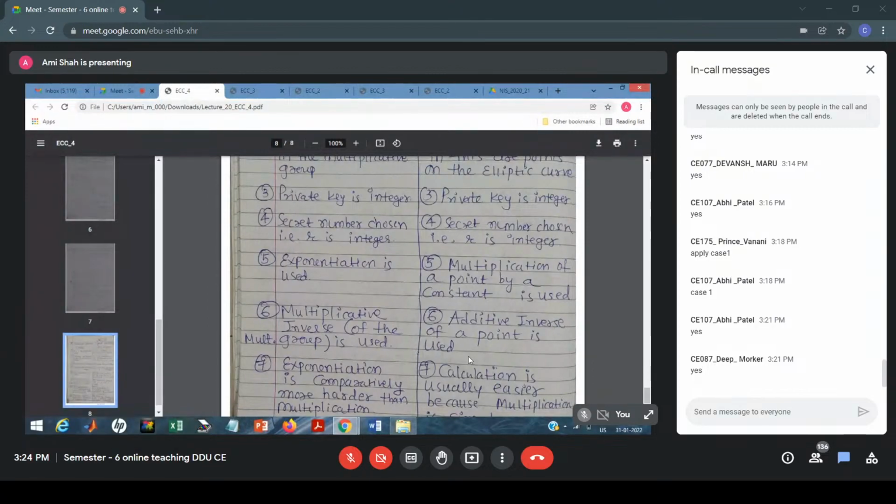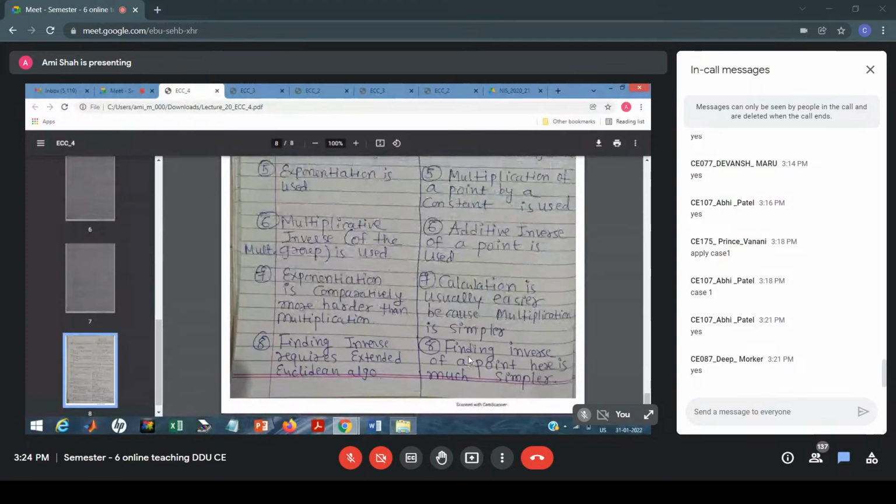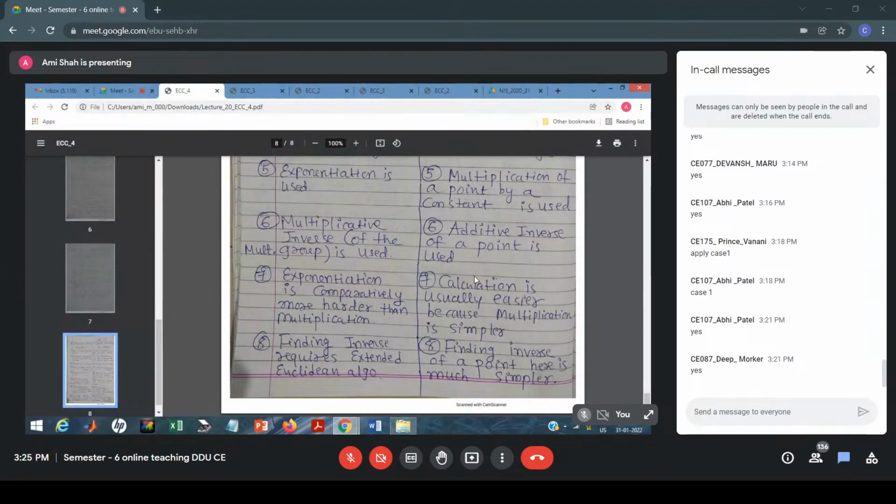I am not discussing this in detail because I have already explained these concepts. In ElGamal, exponentiation is comparatively harder than multiplication, while here the calculation is usually easier because the multiplication is simpler.